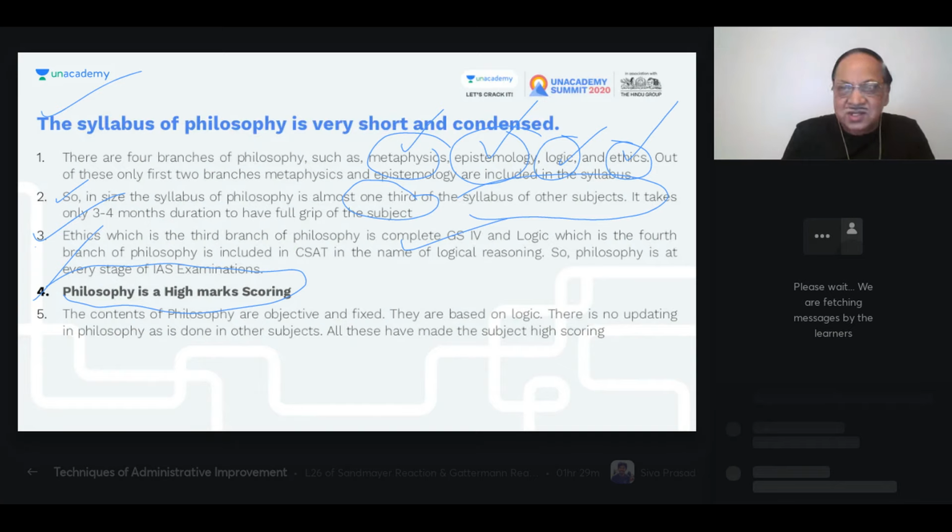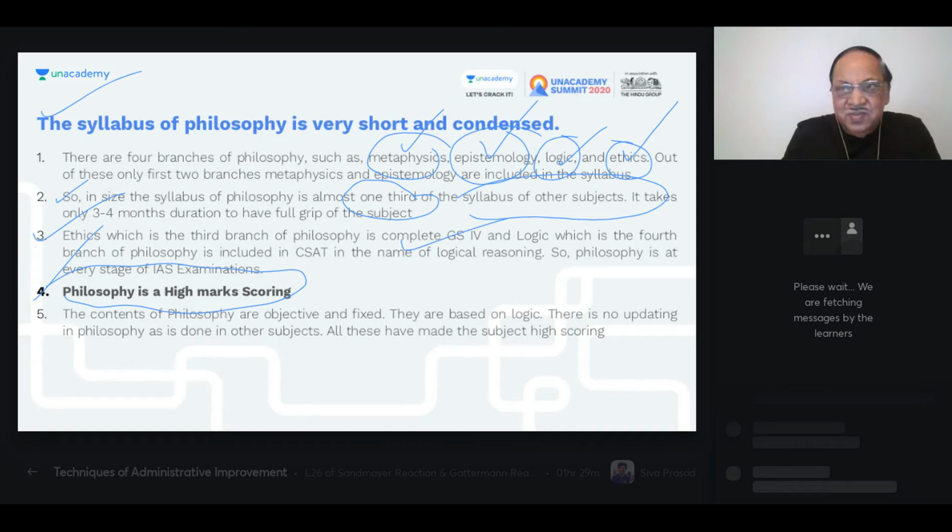But here in philosophy, things are so fixed that once you have studied certain points of any philosopher, say Plato or Aristotle, they are with you for all times to come. No change, no new thing is to be added. That's a very important help that a student can have by offering philosophy as a subject in scoring high marks.